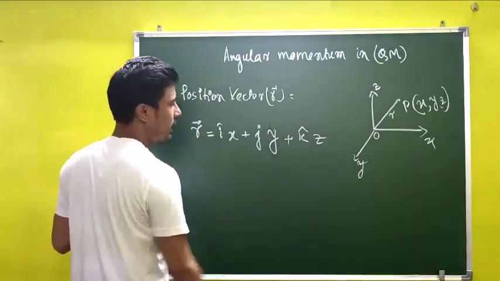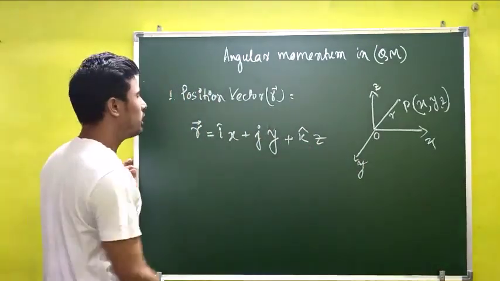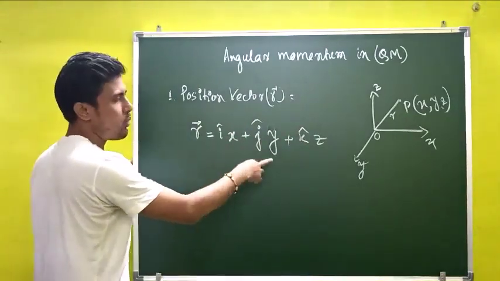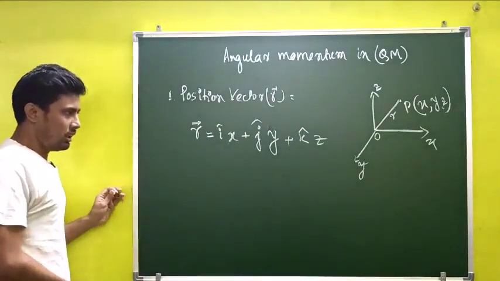These are the three vectors along the three coordinates. Here i, j, k are the unit vectors along the x-axis, y-axis, and z-axis.